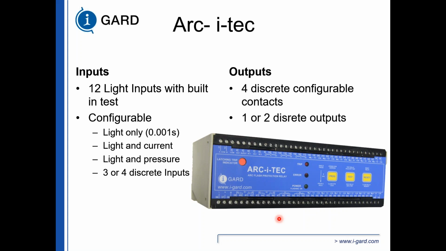It's configurable to light only, light and current, light and pressure, has 3 or 4 discrete inputs from external sources, outputs, 4 discrete configurable contacts, 1 or 2 discrete outputs. And the reason why I have 1 or 2 and 3 and 4 is one of them can change from input to output. So it's got 12 inputs that you can see here and here.